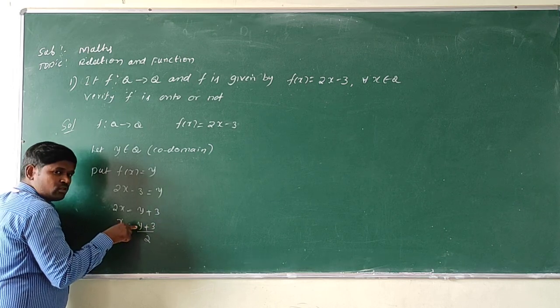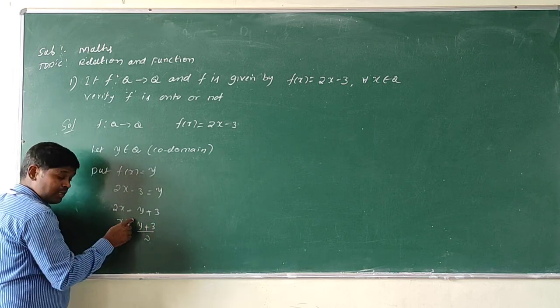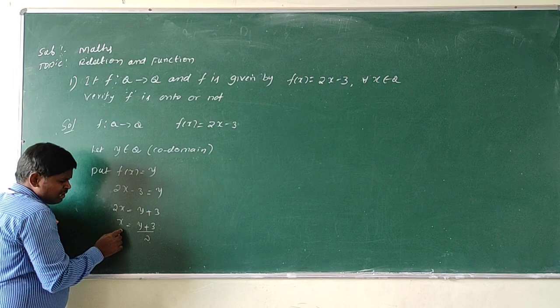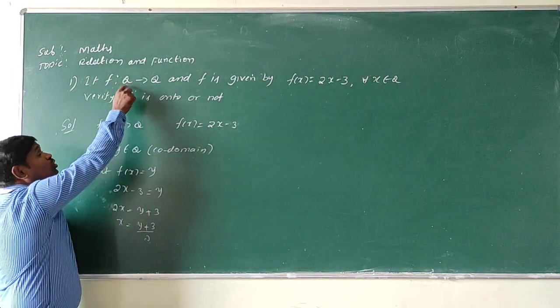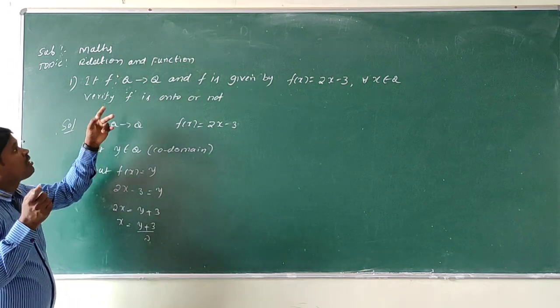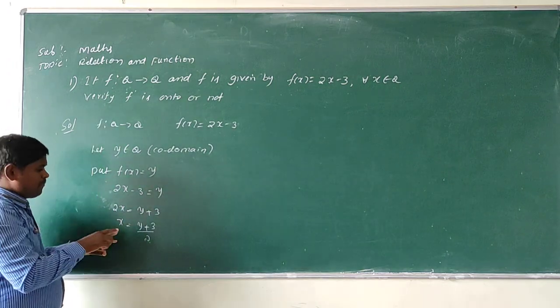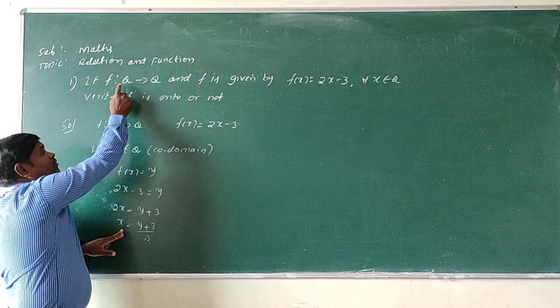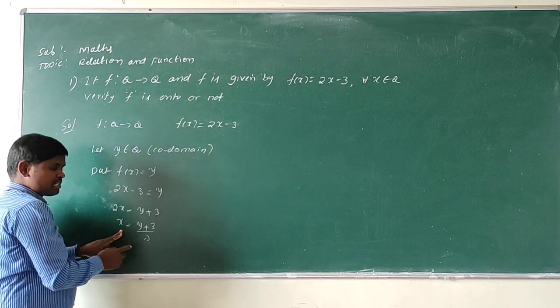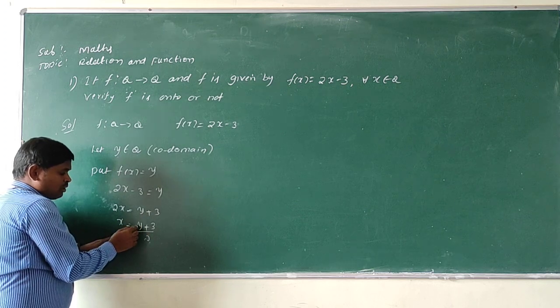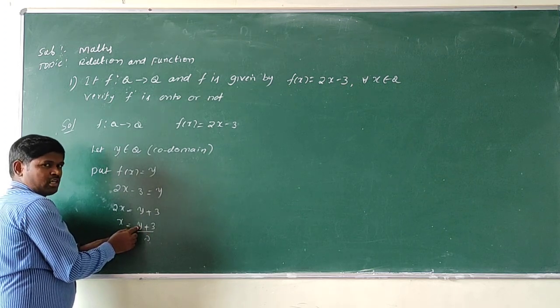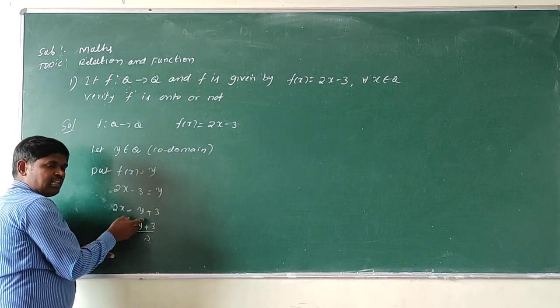Or if we put y is equal to 100, then also we get one number for x. This value must belong to Q for f to be an onto function. Suppose we are told the given function f from Q to Q is an onto function. Definitely, whatever value we put for y in the codomain, there exists an element x that also belongs to the domain.